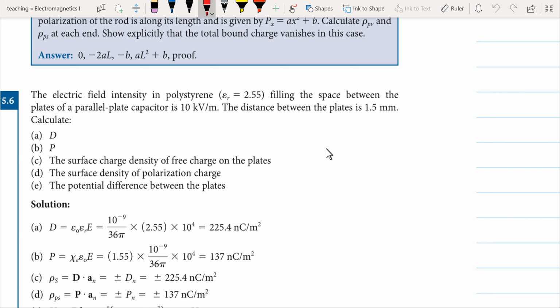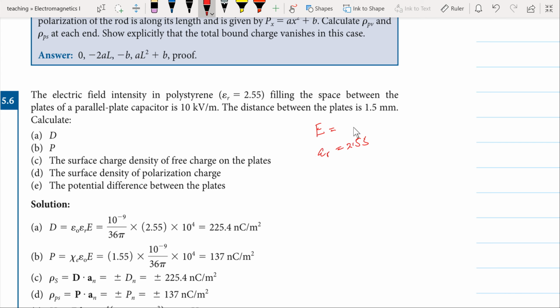And now we look at example 5.6, and it reads that the electric field intensity E in a polystyrene having epsilon r, the relative permittivity, of 2.55, filling the space between the plates of a parallel plate capacitor, is given.